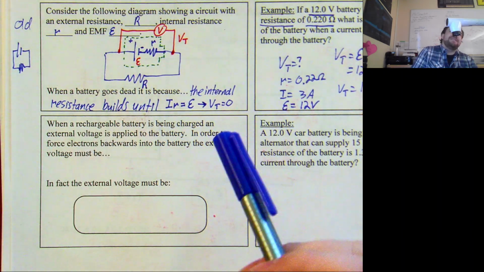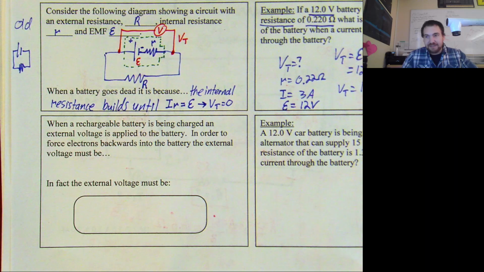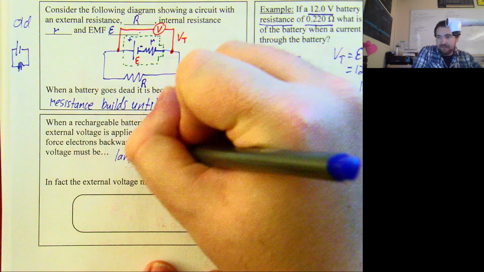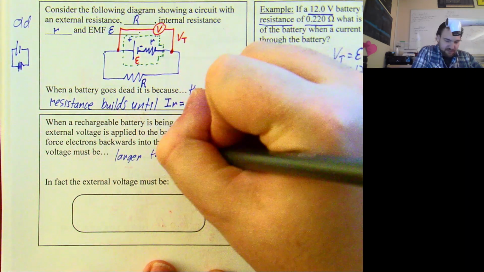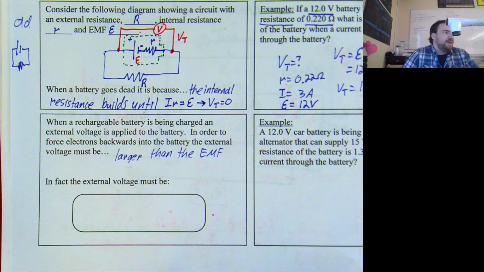So this is basically what it says here. In order to force electrons backwards in the battery, the external voltage must be larger than the EMF. There's a bunch of ways this happens. For your little AA, AAA rechargeable batteries or your computer battery, all of these things are getting plugged into the wall because the wall provides 120 volts.